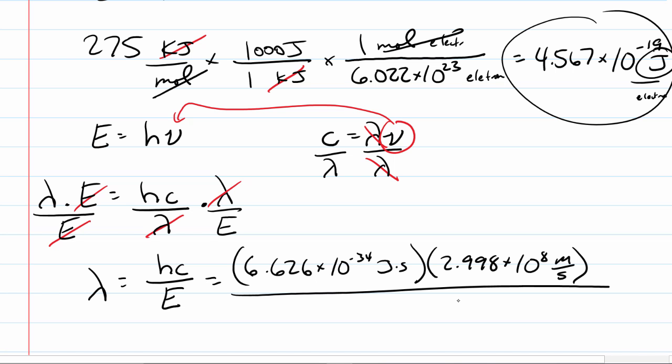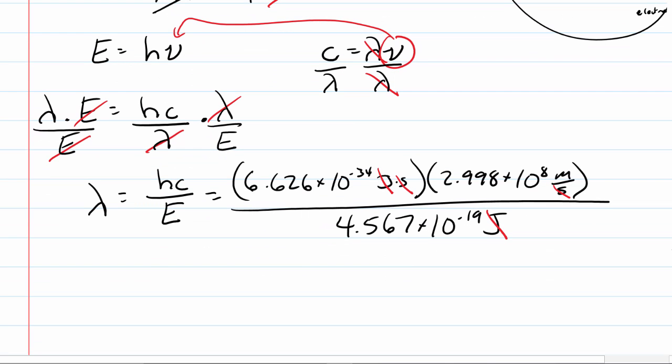We divide this all by E, which in this case is 4.567 times 10 to the negative 19th joules. And remember, this is joules for every 1 electron. So now if we look at our units, hopefully we're in good shape. Joules cancel with joules, seconds with seconds. We're left with the units of meters.